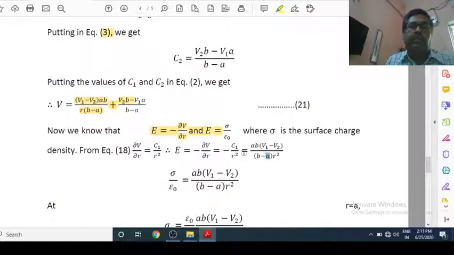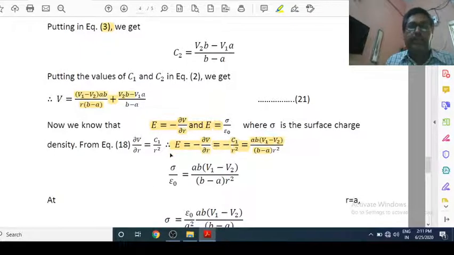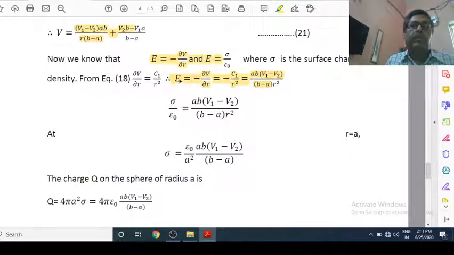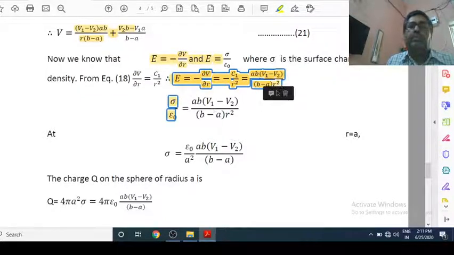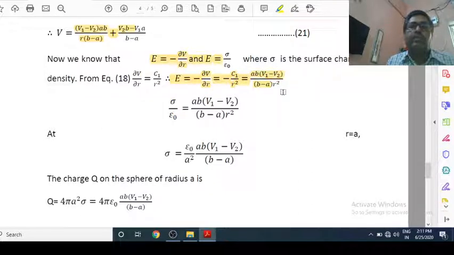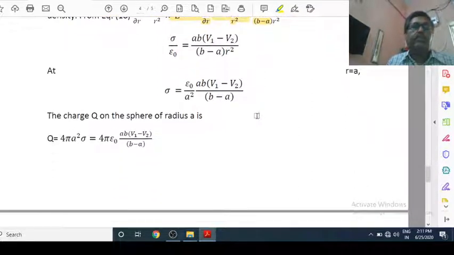We get this one. And as you know, E is equal to another value, E is equal to sigma by epsilon 0. First we used this one, and now we are using this one, equal to sigma by epsilon 0, and this will be here. Okay, so sigma is equal to this, and now we get the charge with the formula 4 pi a square sigma.